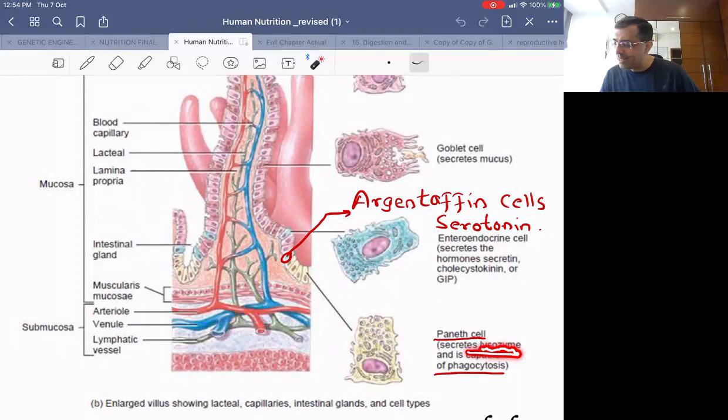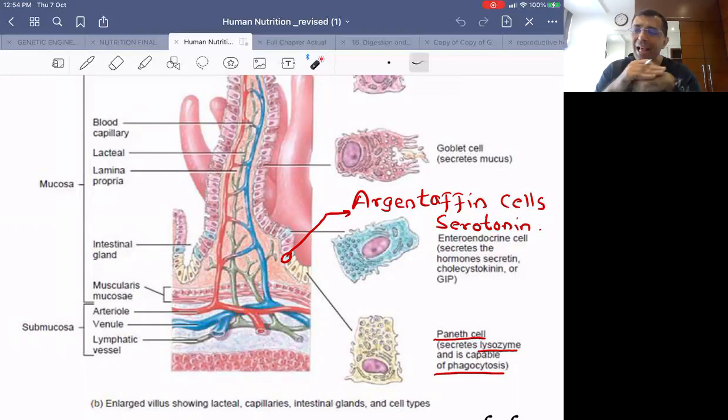Similarly, your small intestine has Paneth cells. They also give out lysozymes, which are antibacterial in nature. So, sir, in your mouth saliva has lysozymes. In your stomach hydrochloric acid kills bacteria. In your small intestine Paneth cells give out lysozymes.